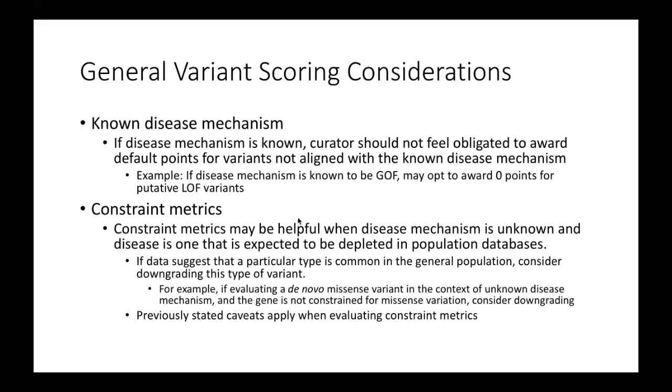For example, if you are evaluating a de novo missense variant in the context of unknown disease mechanism and the gene is not constrained for missense variation, you may want to consider downgrading from the default de novo score, especially in the absence of functional evidence to support it. And then we do indicate any previously stated caveats apply when you are evaluating constraint metrics.